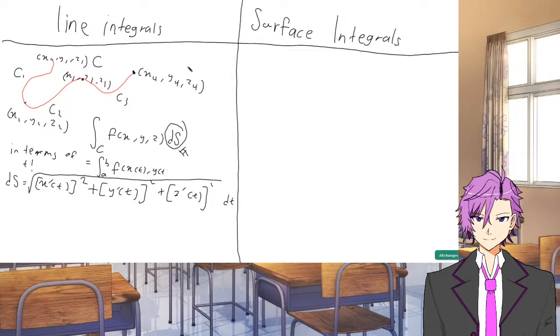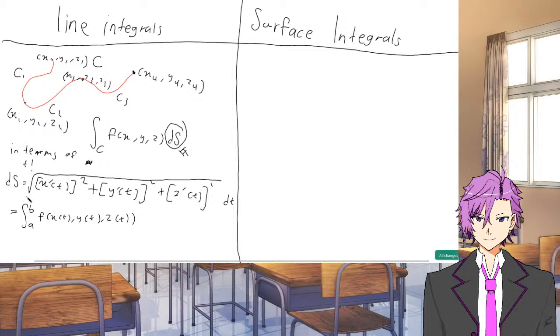Dang it, we'll try that again. Instead of putting it here, we'll put it somewhere around here. So integrate with respect to t from a to b, it would be f of x(t), y(t), z(t).